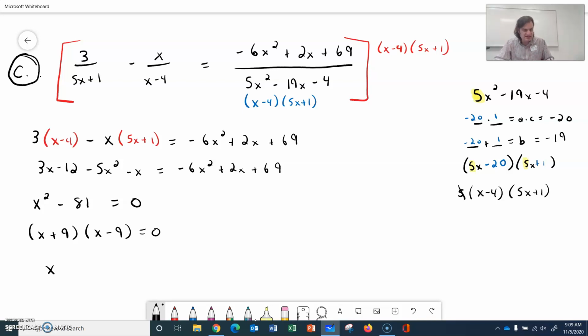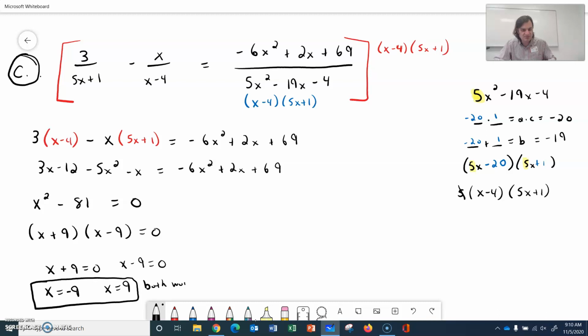So in this case, we'll solve two equations: x plus 9 equals 0, x minus 9 equals 0, so I get two solutions. x equals negative 9, x equals 9. And in that case, I'll go back to my original. Neither of the denominator factors will be made 0 by plugging in those 9s, so we'll say they both work.